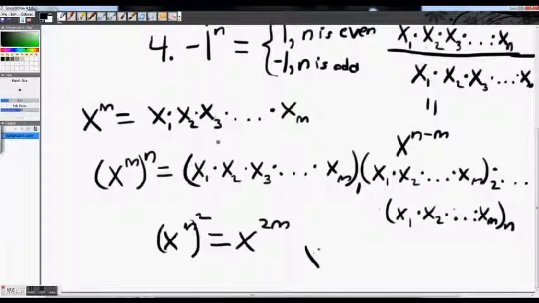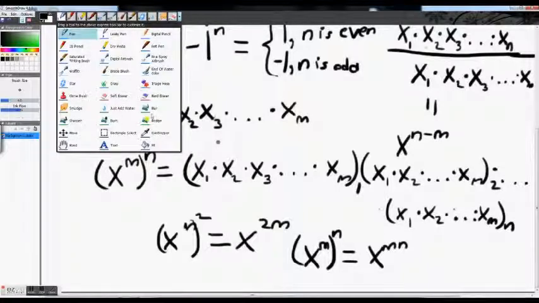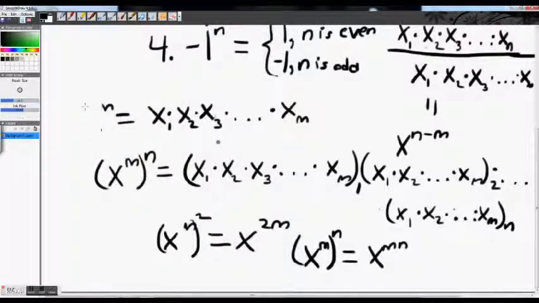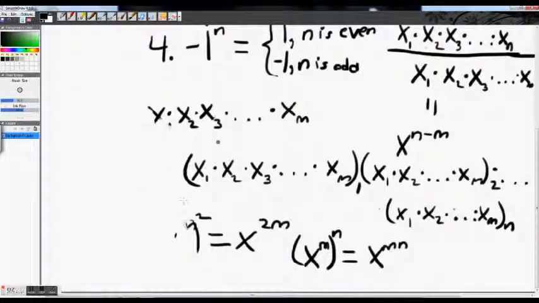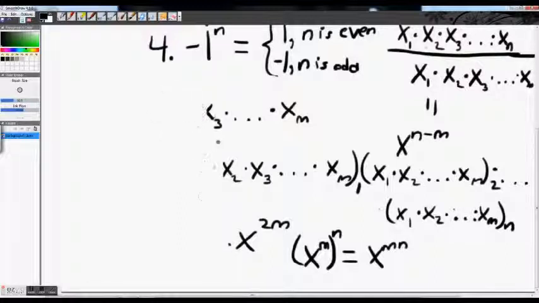So if we multiply by itself n times, we would have x to the m times n x's. We'd be multiplying it that many times. So we looked at how 4 made sense.